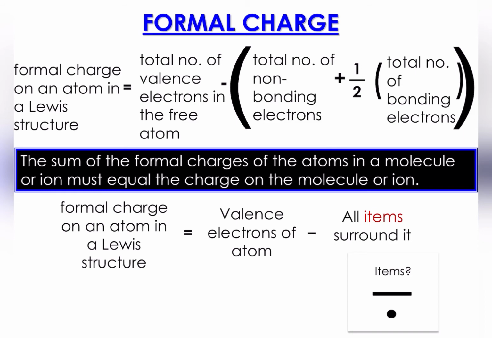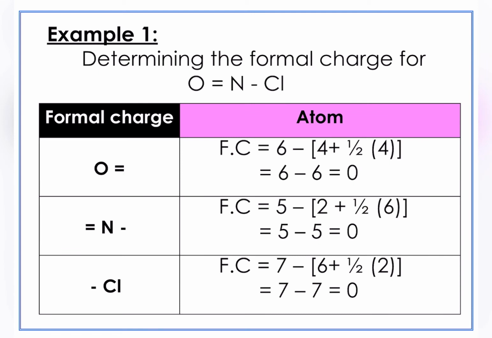Okay, let's try one example using the general formula, the top one first. Example 1: how do you determine the formal charge for O double bond N single bond Cl? You are going to separate them into 3 parts. We will calculate for oxygen first.